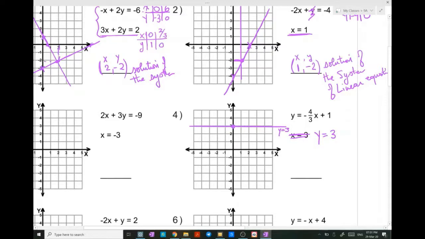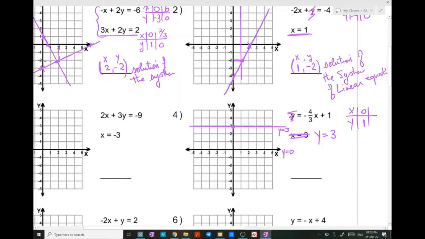Don't forget that the equation of the x-axis is y equals 0. Now to draw the other line, we need to use the table of intercepts. So when x is 0, y is 1.